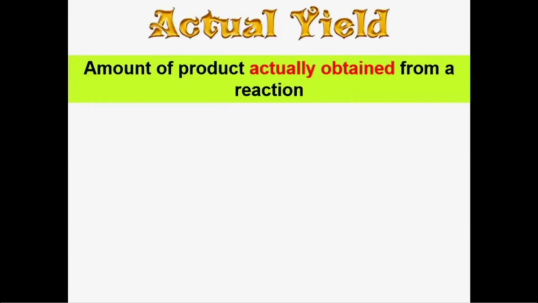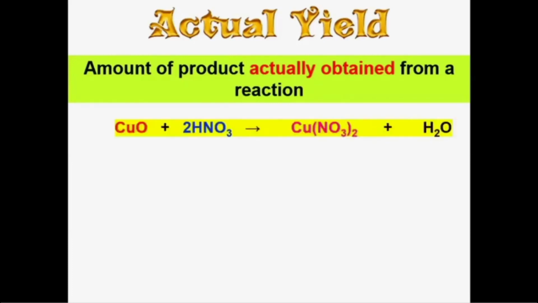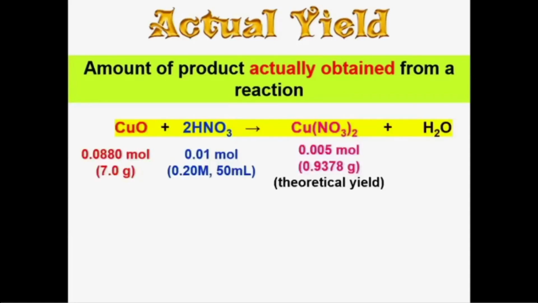Okay, for example, based on the theoretical yield just now, if we have 7 grams of copper 2 oxide, or 0.088 moles of copper 2 oxide, and 0.01 mole of nitric acid, then the amount of copper nitrate that should be produced in this reaction is 0.005 moles or 0.9378 grams.